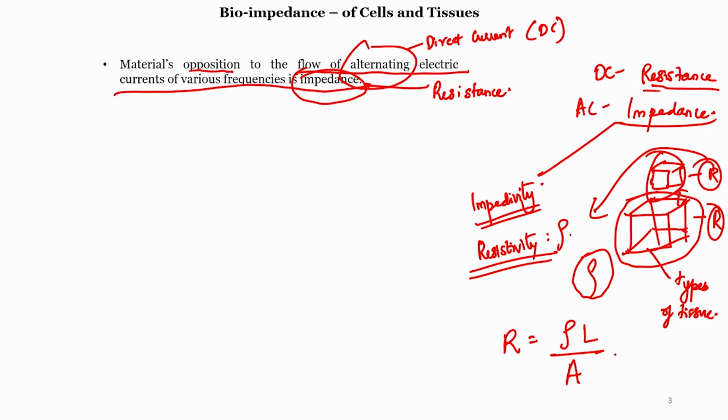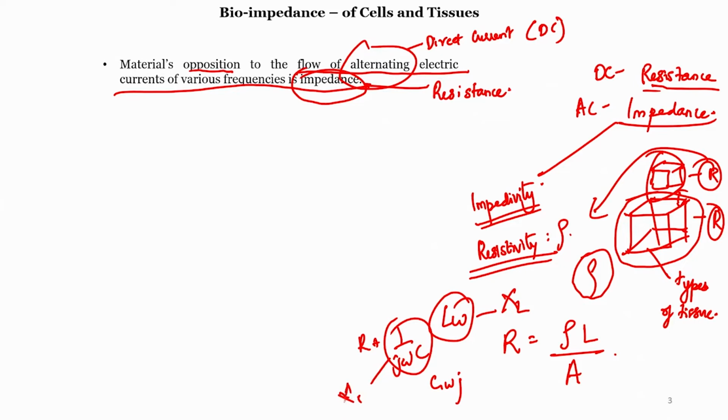Okay. Like R plus 1 by j omega C, like that, j omega L, a lot of factors like that, the omega L, inductive reactance, it is called inductive reactance XL, this is called capacitive reactance XC, this is just resistance R. Okay.